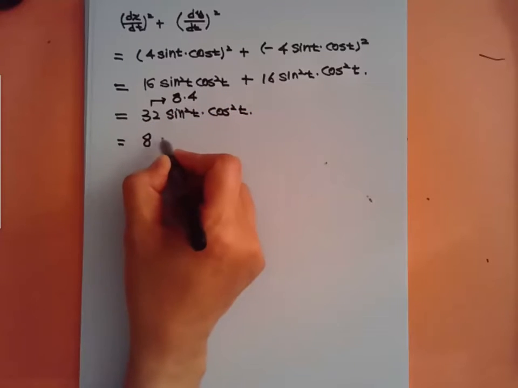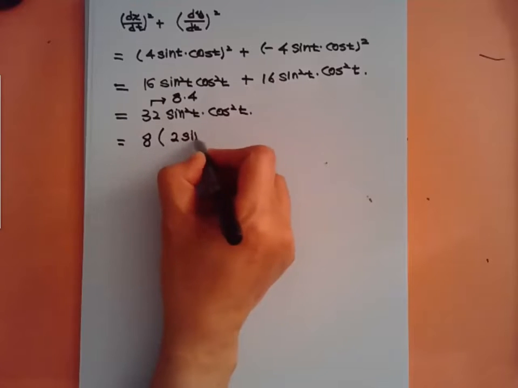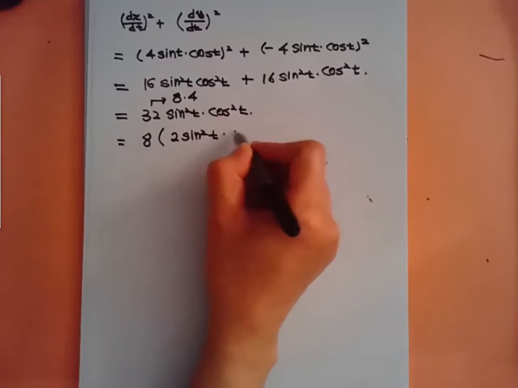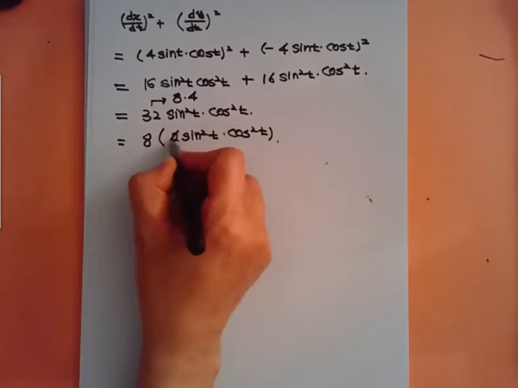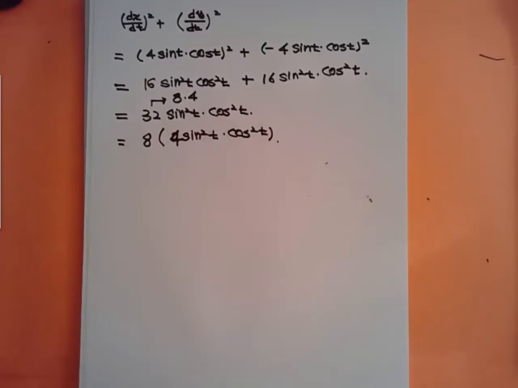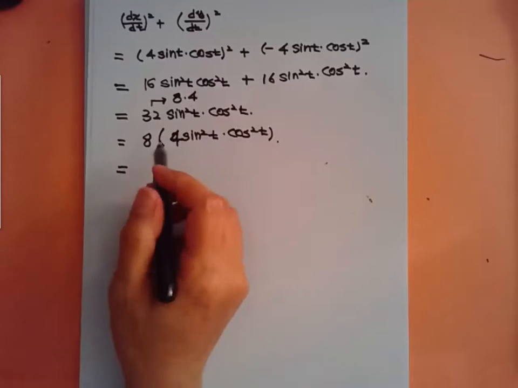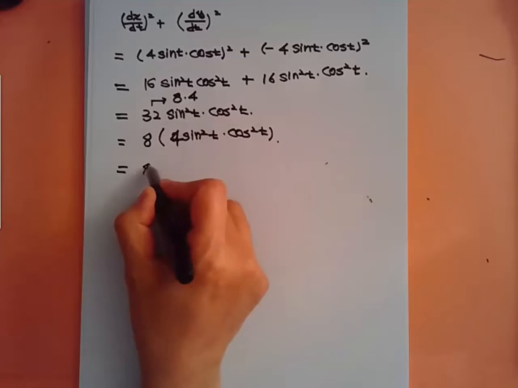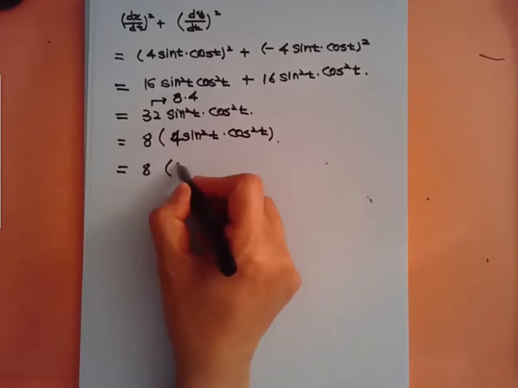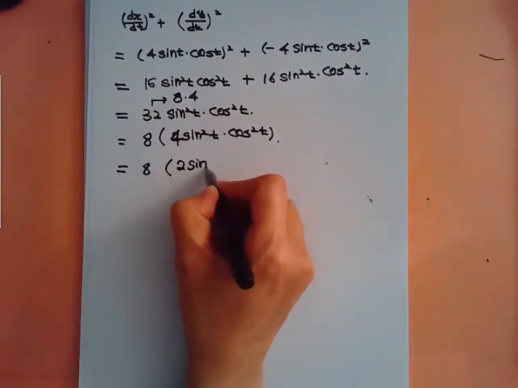Then that becomes 8 times 4 sine squared of t times cosine squared of t. The reason we are breaking that into 8 times 4 is something like this: 8 times this one can be 2 sine t cosine t, squared.